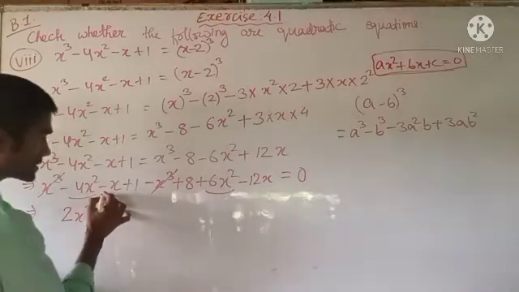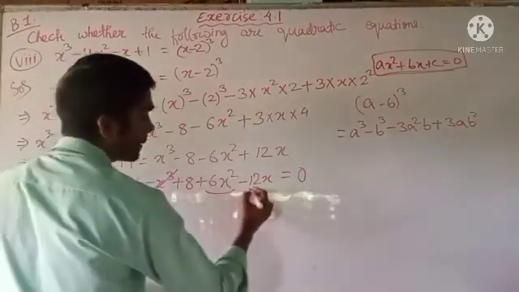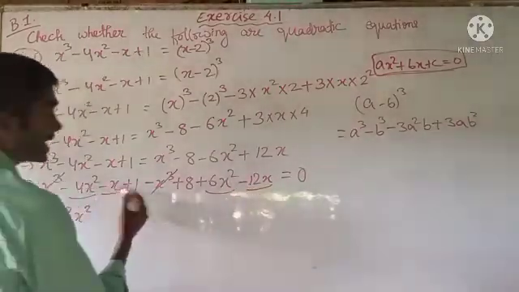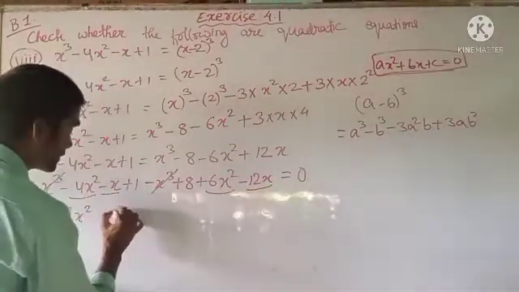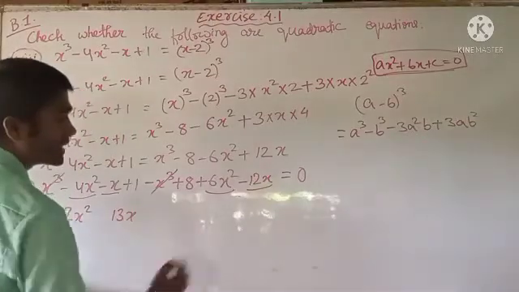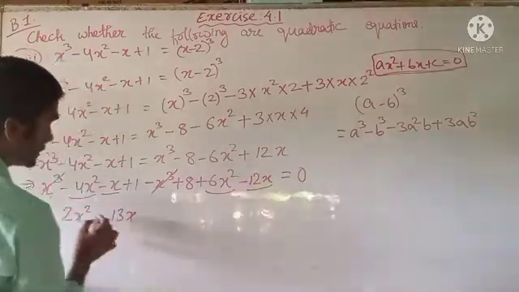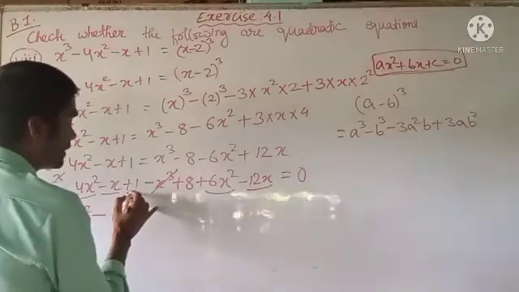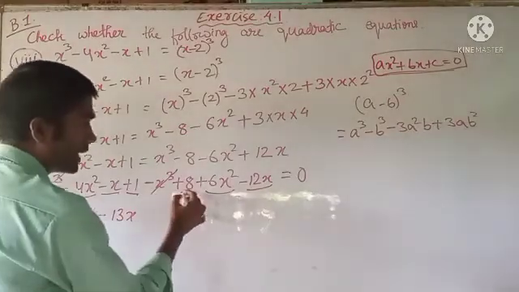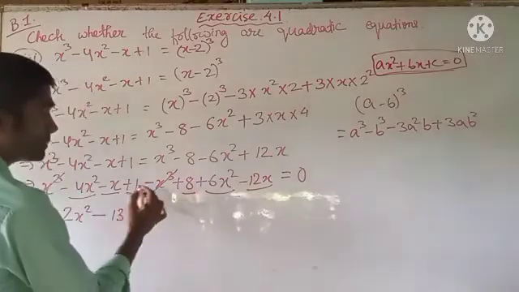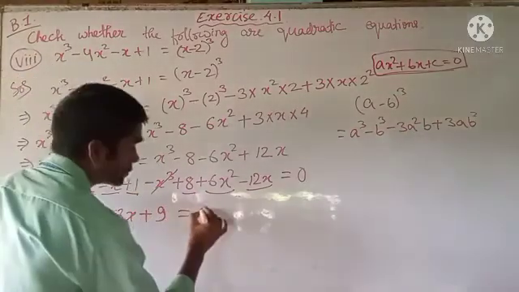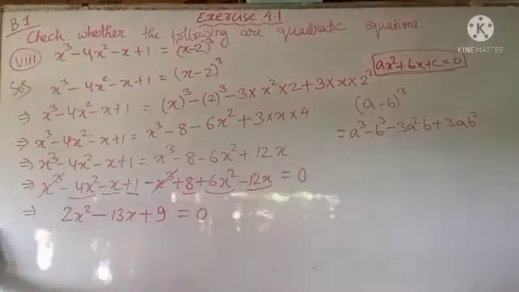Now minus x, again minus 12x. Minus into minus, it is plus. So x plus 12x will get here 13x, and the sign of greater integer is minus. That minus we will write it. Now again, the numbers that are left here, 1 and 8. So plus 1 and plus 8 will get here plus 9 is equal to 0.